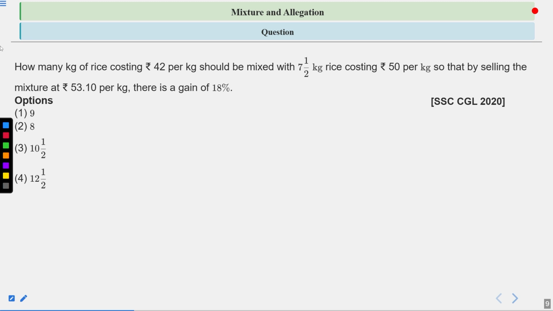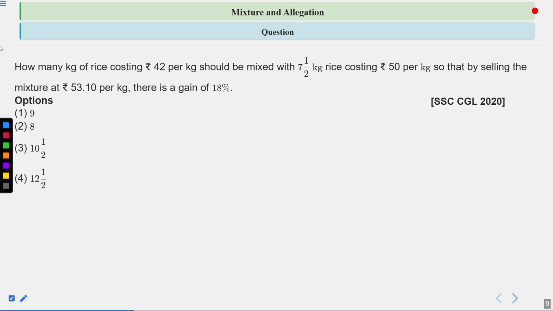How many kg of rice costing 42 rupees per kg should be mixed with 7.5 kg of rice costing 50 rupees per kg so that by selling the mixture at 53.10 rupees per kg there is a gain of 18%? This question was asked in the SSC CGL exam 2020. There are four options.